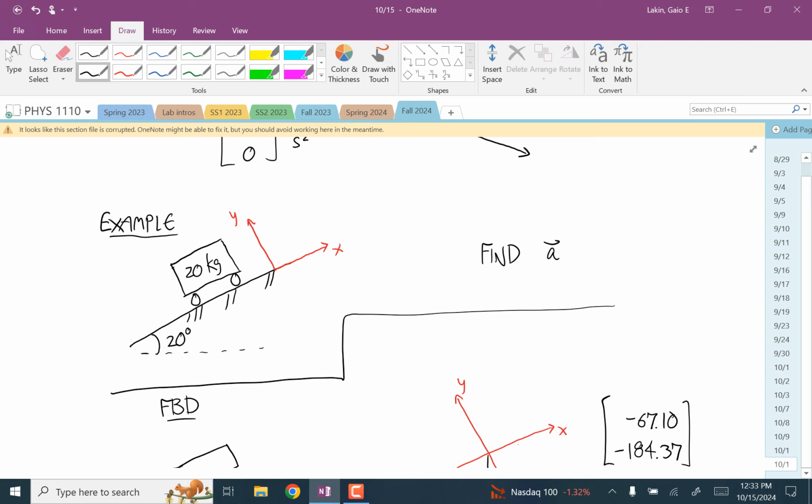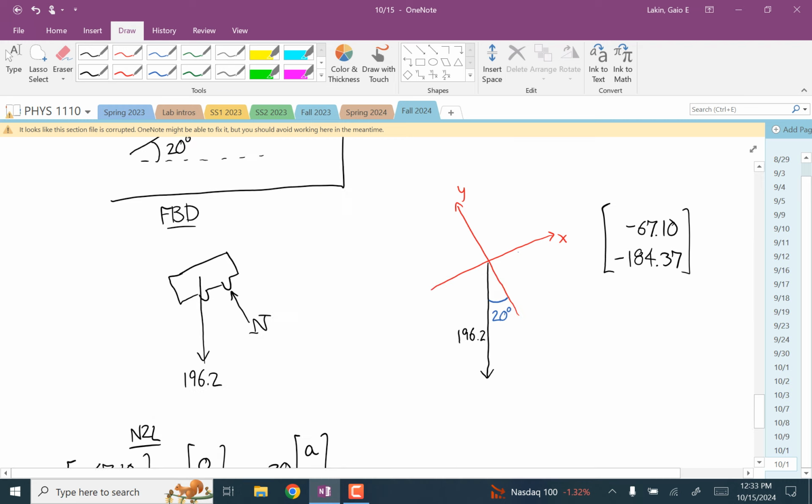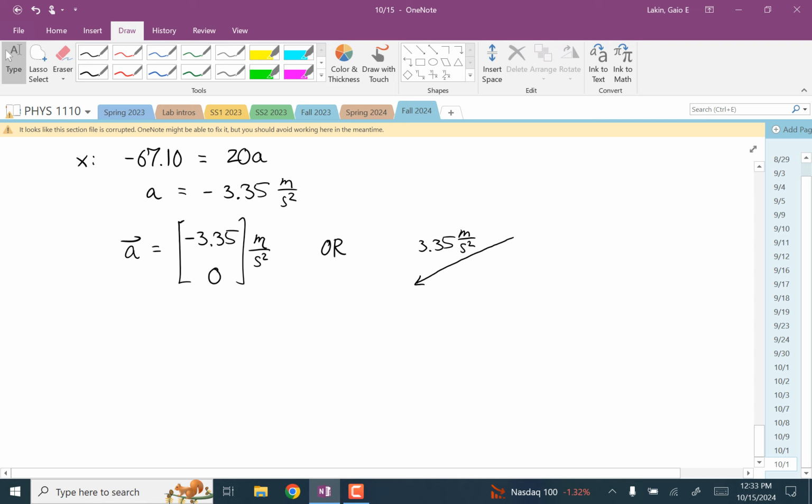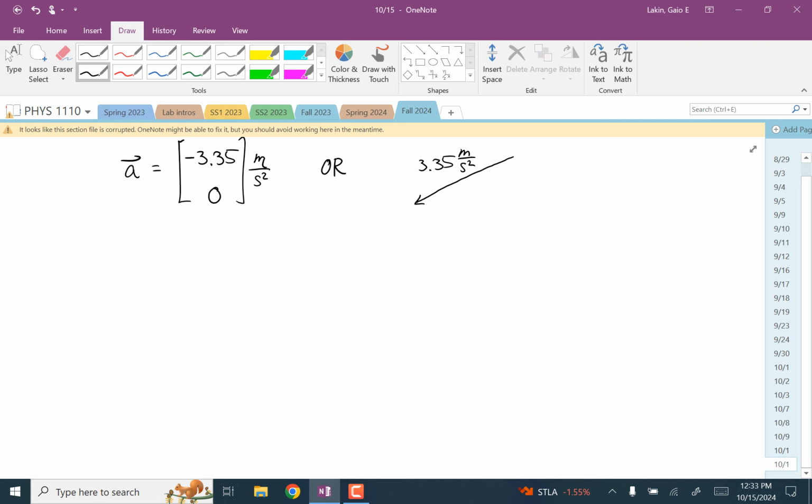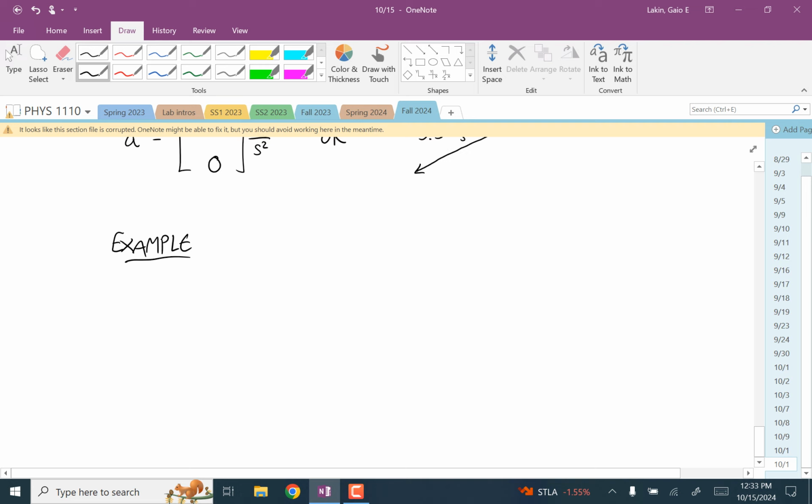And that's what we're calculating. Any questions about that problem? Okay, let me do one with friction. So this time, let's say that there's a ramp that makes an angle of 30 degrees.